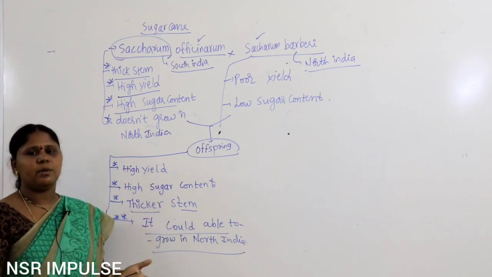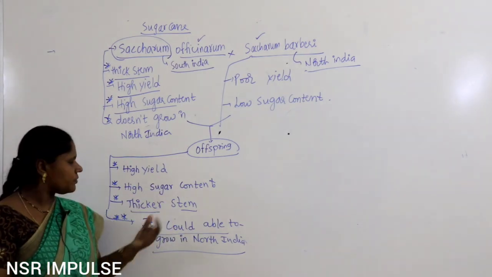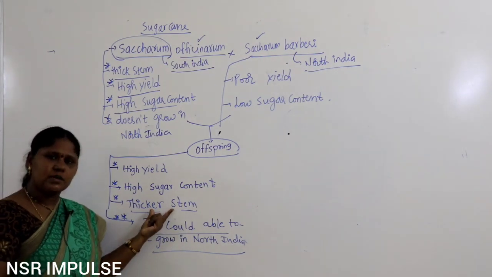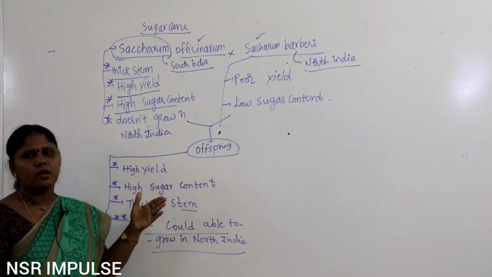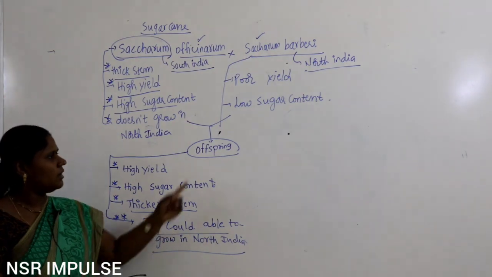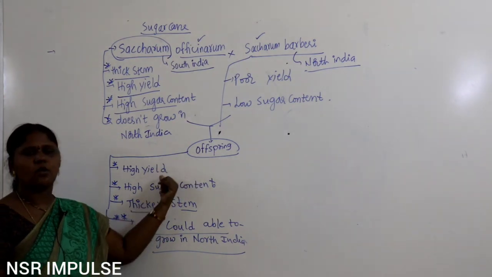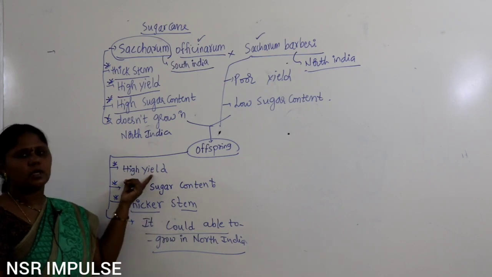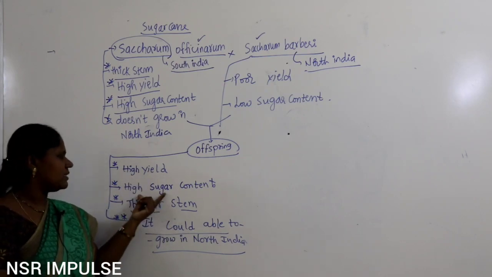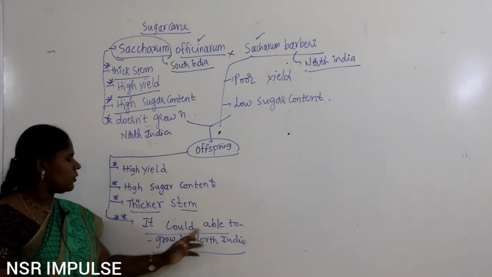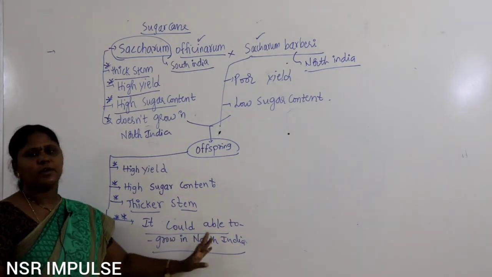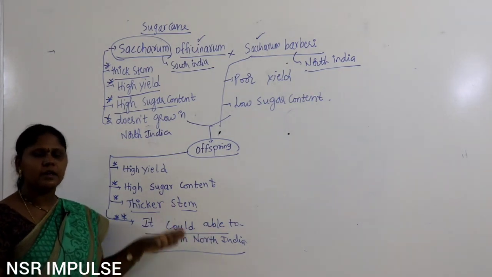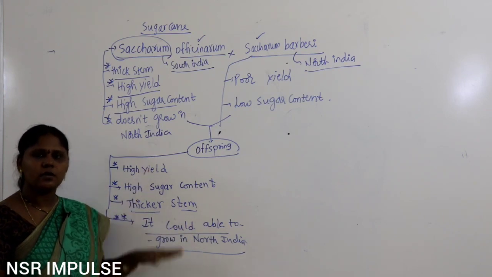No. In some of the sugarcane varieties, even though a thick stem is there, we find very low sugar content. But the offspring here has all the desirable characters, a thicker stem, and it is producing higher yield. Obviously it has high sugar content and is able to grow in the north part of India. The plant got the ability to grow even in colder regions.